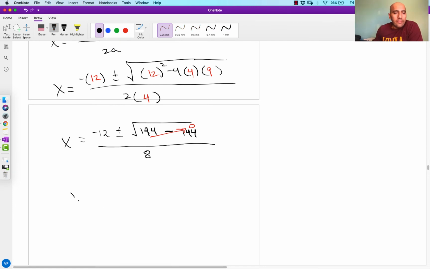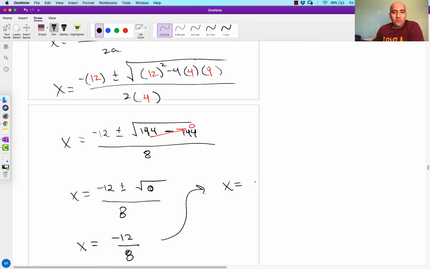So we end up with x equals negative 12 plus or minus the square root of 0, which is just going to be 0, all over 8. So x equals negative 12 plus or minus 0 over 8, or just x equals negative 3 over 2.